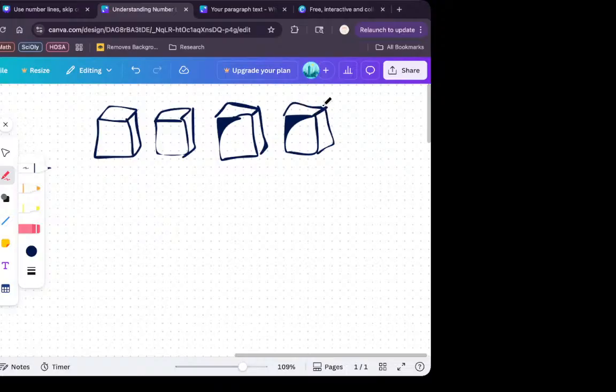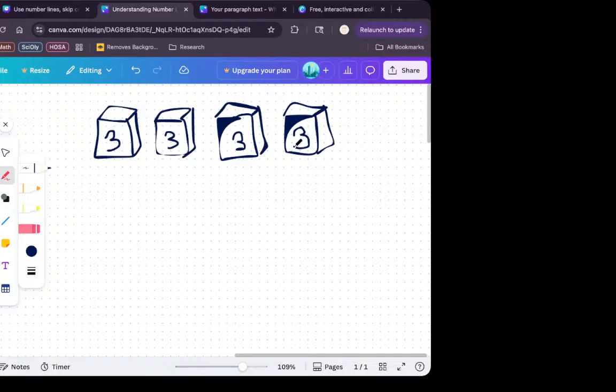Four, okay? And in each box of pens, I have 3 pens. 3, 3, 3, and 3. How many pens do I have in total?